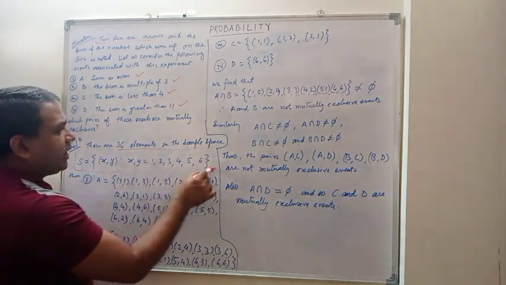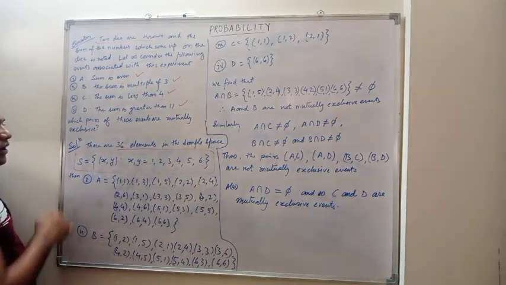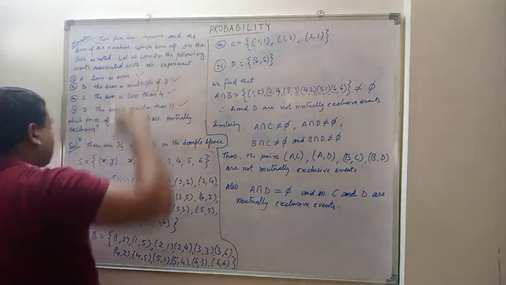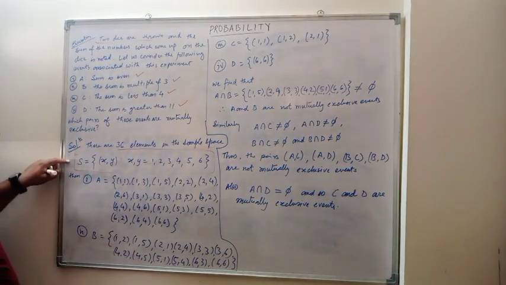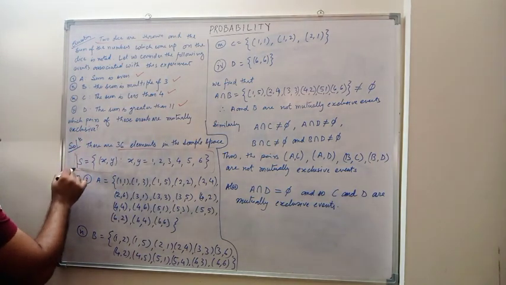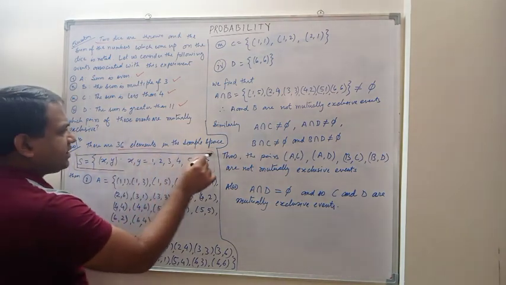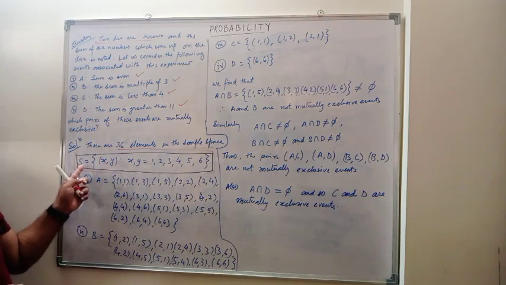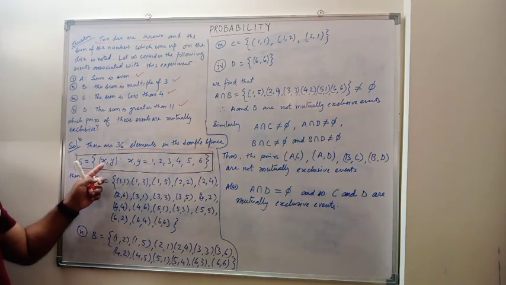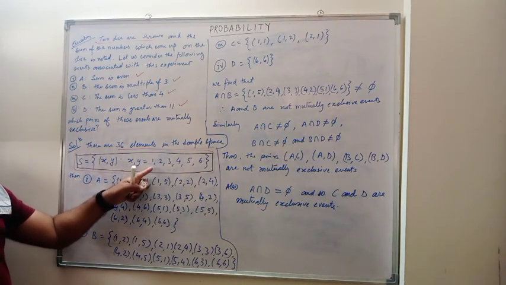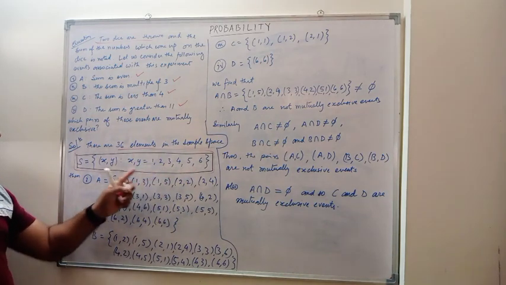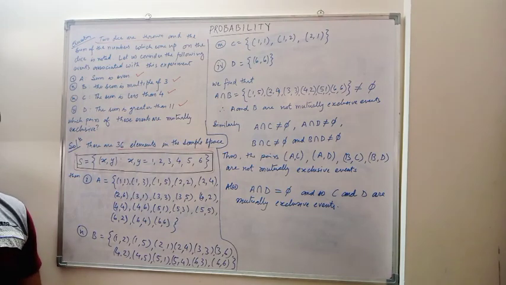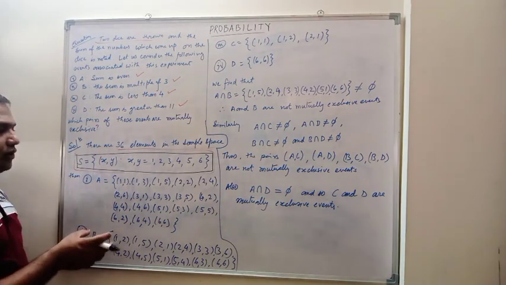I have written it in the set builder form. This is nothing but sample space S, that is (x, y) such that x, y equal to 1, 2, 3, 4, 5, 6. So it will become (1,1), (1,2), (1,3), (1,4), (1,5), (1,6). Likewise you have to write the rest yourself.